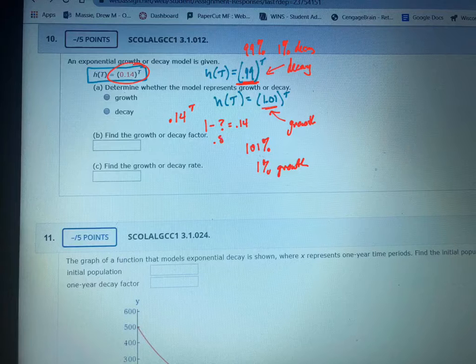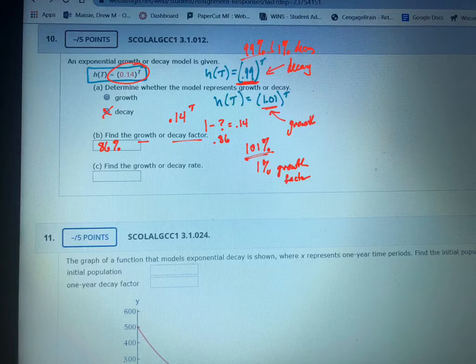If you do the math there, you'll get 0.86, right? Can you see that? So this is a decay, and find the growth or decay factor. Well, the decay factor, it's an 86% decay factor. This would be a 1% right here over on the right. That would be a 1% growth factor.